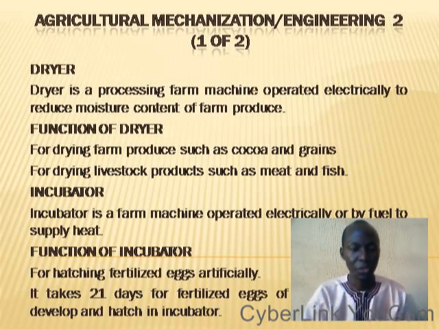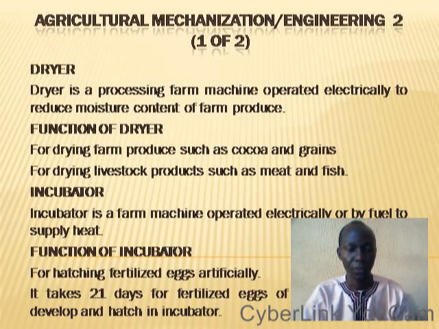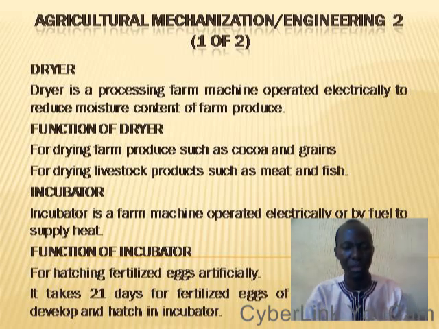Now, what is the function of the incubator? Incubator is a farm machine that is operated with electricity, or you can make use of fuel to supply it to the machine.